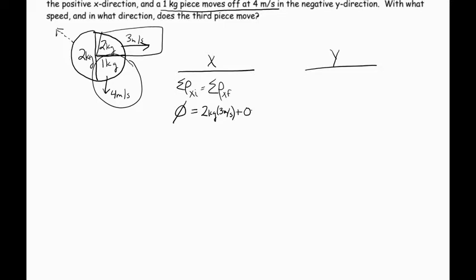And then you have plus your 2-kilogram piece in your VX final position for that piece.